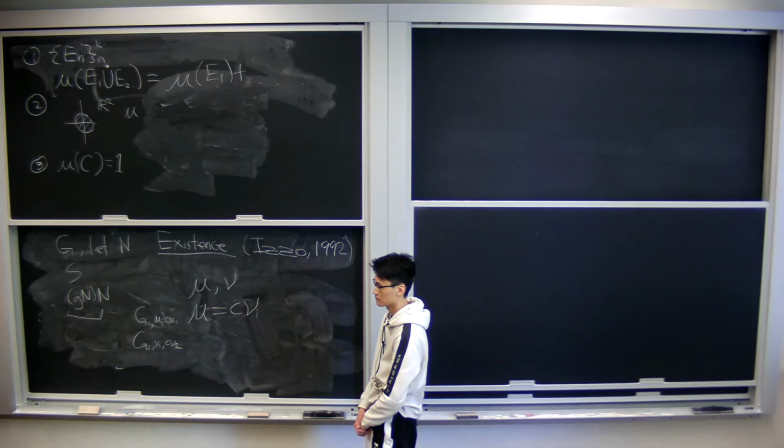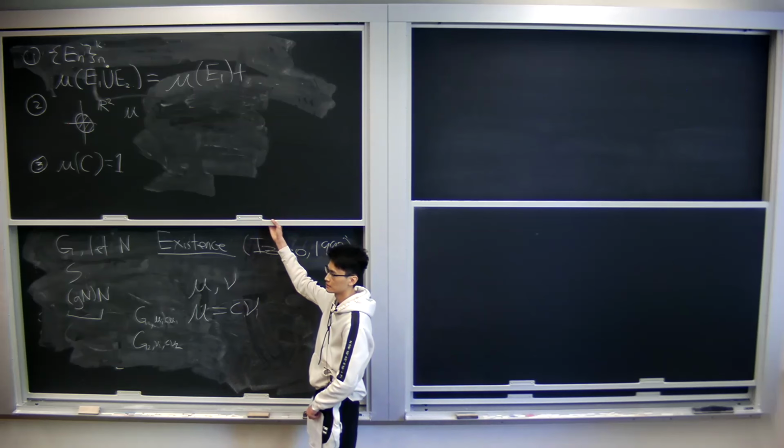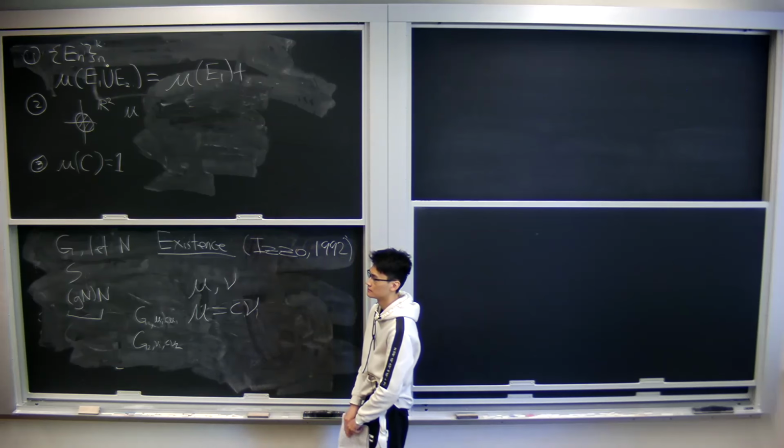You're talking about the compact case again. C was unrelated to locally compact groups. That was just the general theory of finite measures. But our measure is never going to be finite unless the group is compact.